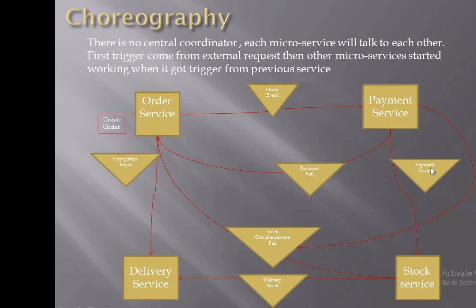If success happens, it sends the message to that queue. And there is no coordinator. Payment service is deciding in which queue the message needs to be sent depending on the condition. Also, payment service is listening to the out of stock queue and order service is also listening to this queue. So order service decides which queue it needs to listen to. So there is no central coordinator in this choreography.